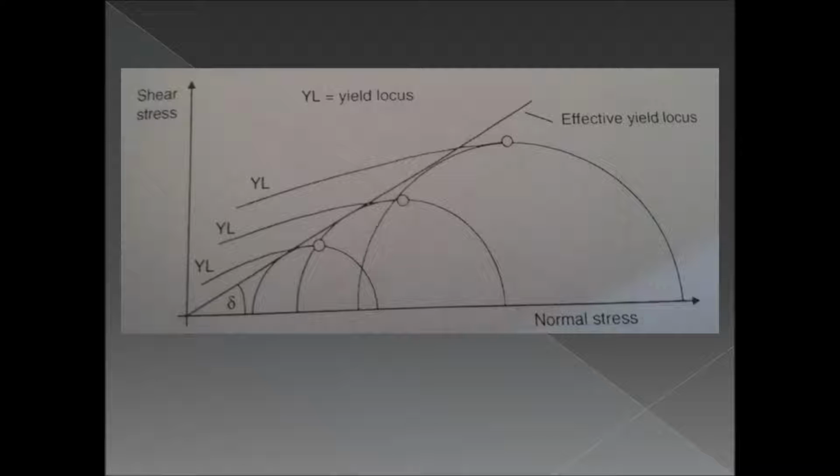The Mohr circle should be drawn tangent to the yield locus. If the graph has many yield loci, pairs of values of sigma y and sigma c are found from each yield locus. As the graph below shows, this is how to find the effective angle of internal friction, delta, by plotting the effective yield locus line.